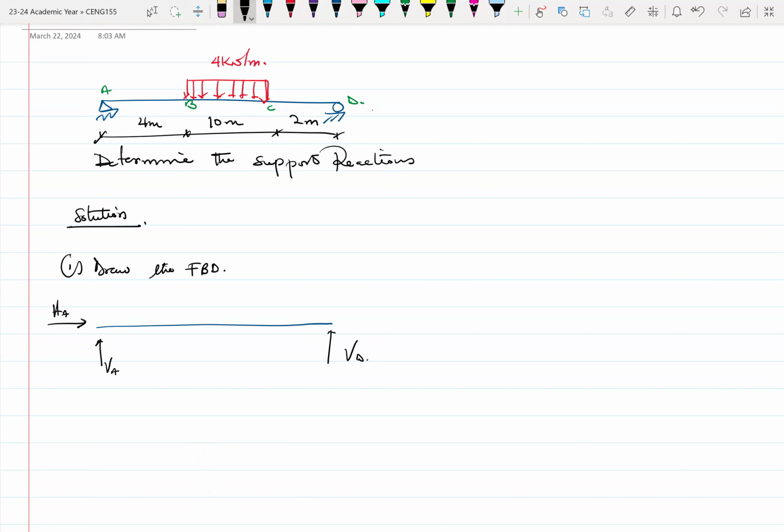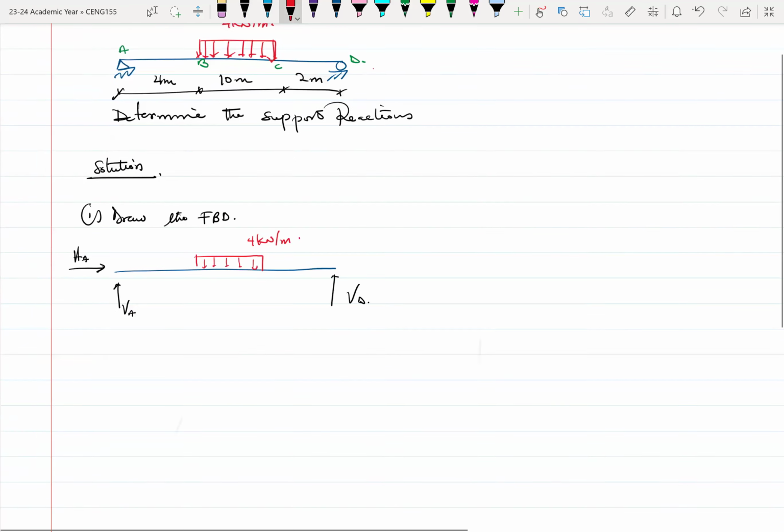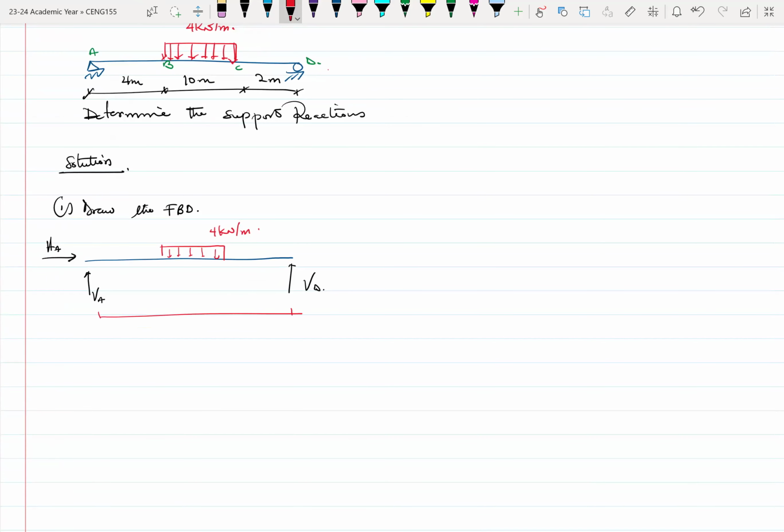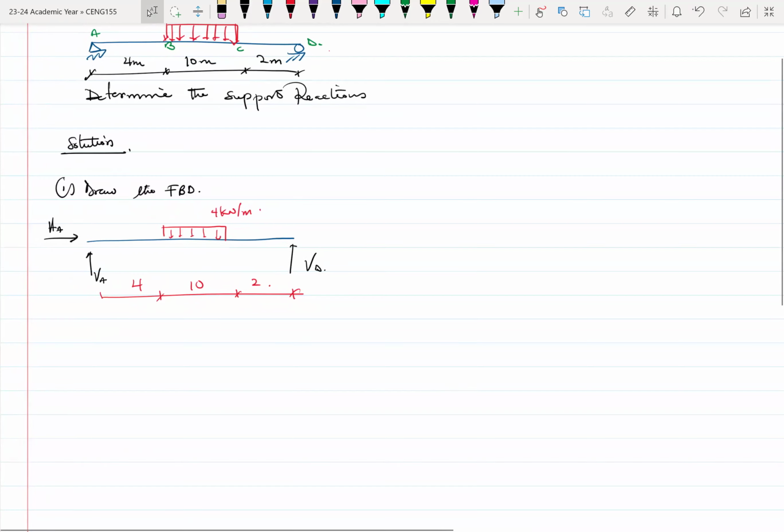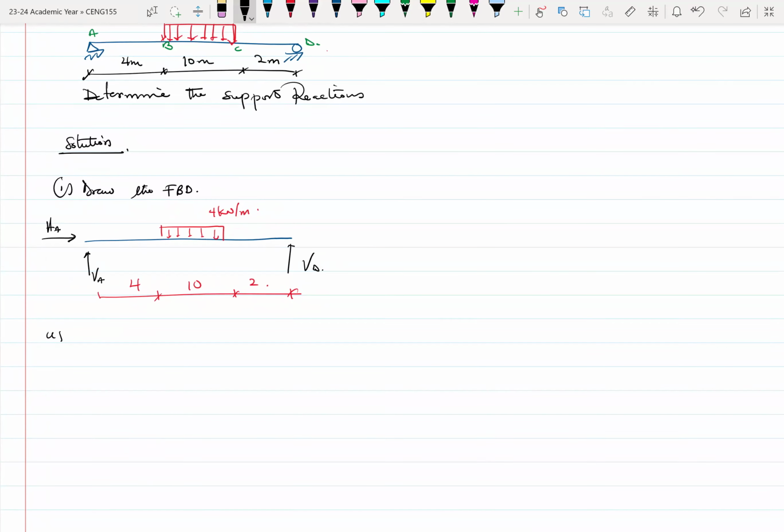These are the unknown support reactions, and I have my UDL somewhere in here. Okay. Then I have my distances 4, 10, and 2. All right. So once you have the free body diagram, then the next thing is to use the equilibrium equations.